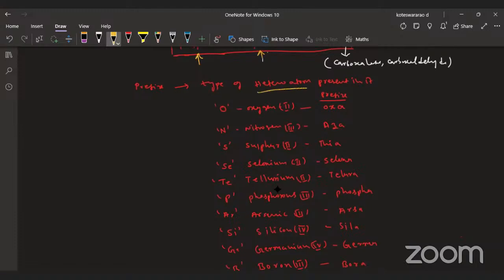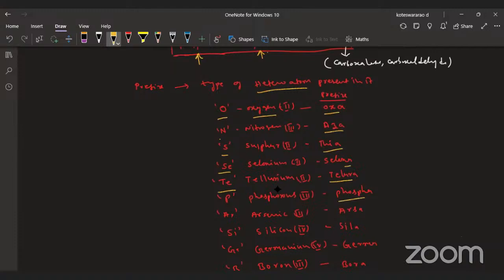If the heteroatom is oxygen, we include oxa. Nitrogen, aza. If it is sulfur, thia. Selenium, selena. Tellurium, tellura. Phosphorus, phospha.